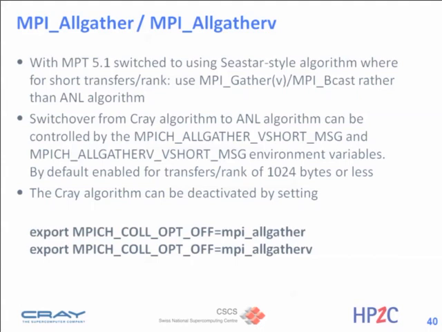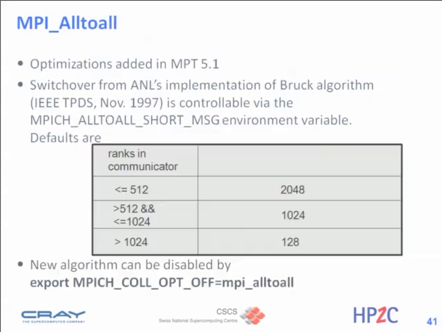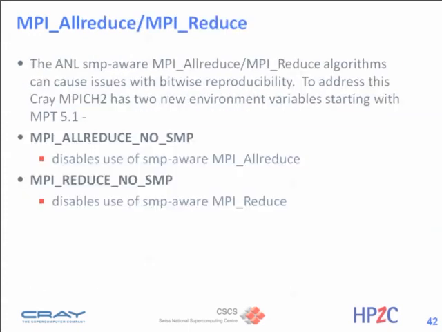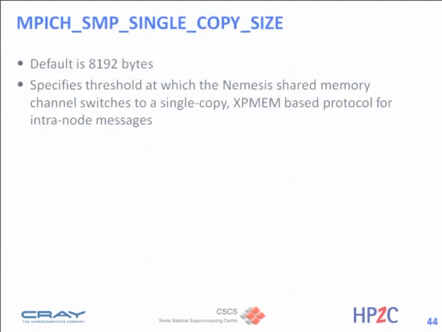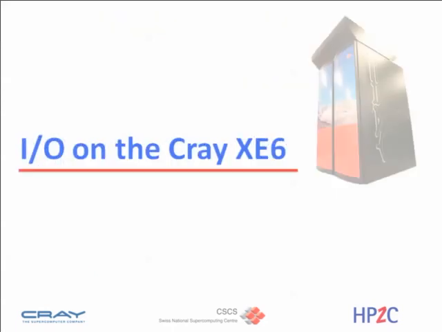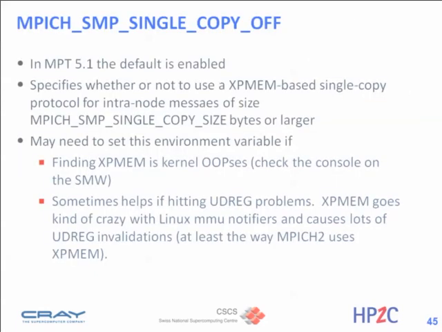You can control the threshold, for example, or you can control the algorithm that is used by several of these MPICH environment variables. This applies to all gather, this applies to all reduce, and so on. So the idea is that you should look at the MPI man page. There are a lot of possibilities if you want to fine-tune the communication.